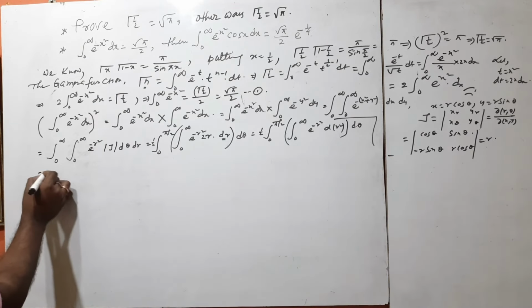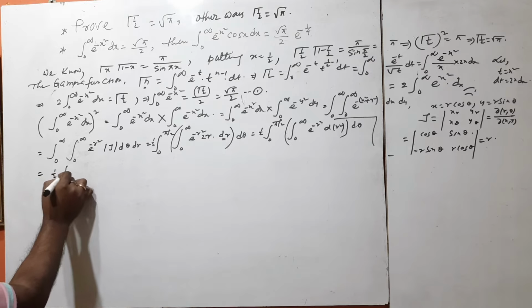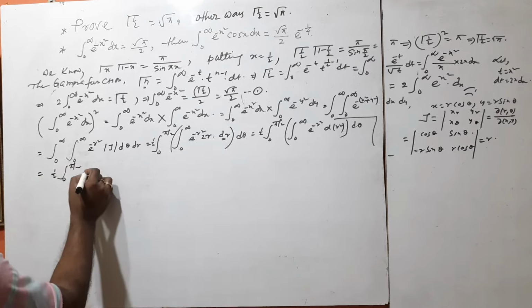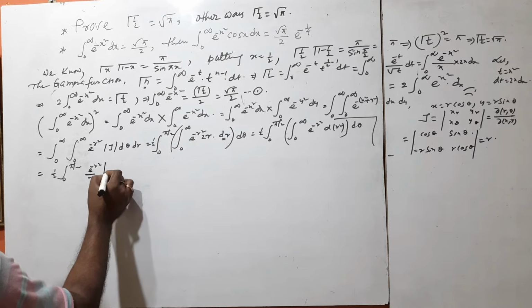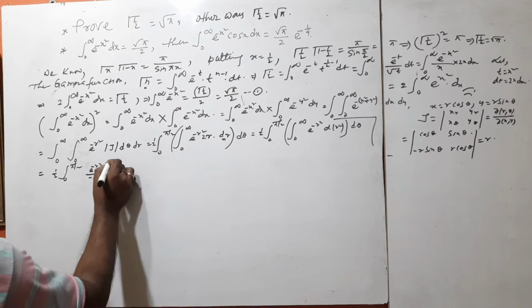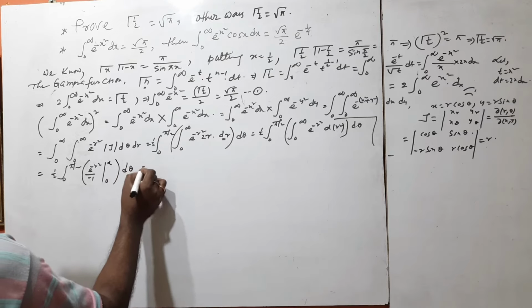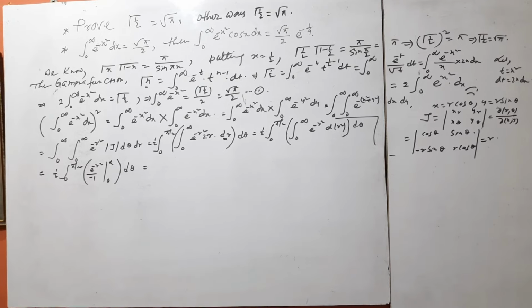So this is equal to half of the integral 0 to pi by 2 of e to the power minus r square over minus 1, from 0 to infinity, d theta.